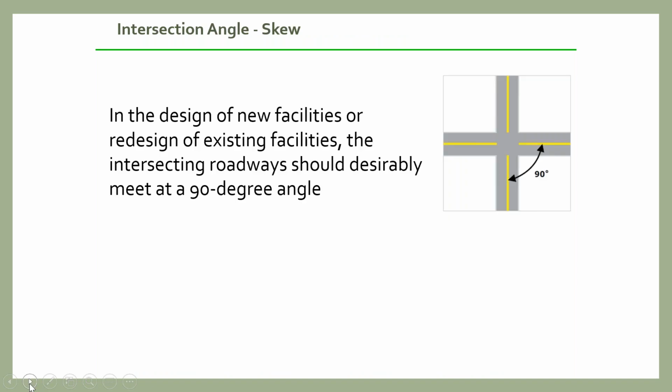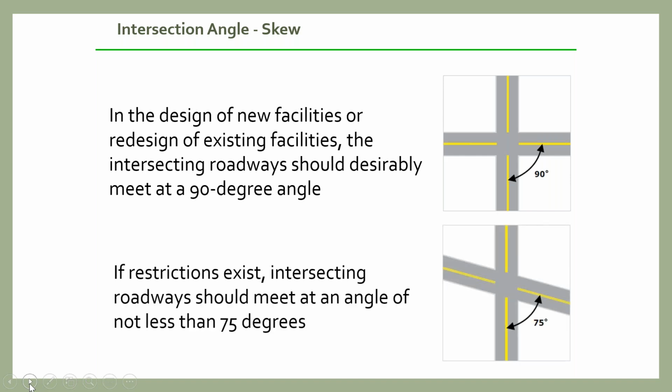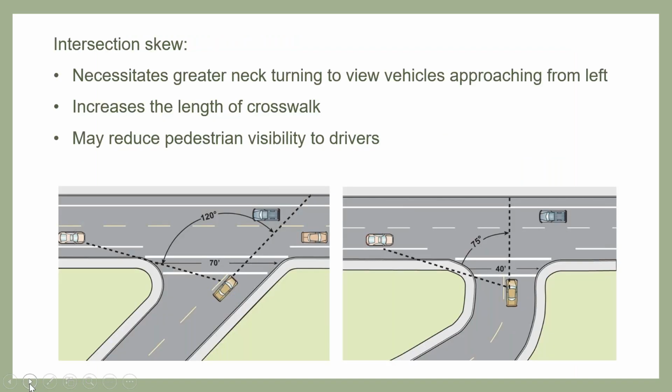So the next design issue is intersection skew. In a perfect world, all of our intersections would align at 90-degree angles, but we know that's not always the case. Where skew really becomes problematic is when we have an angle of less than 75 degrees. What a skew angle can do in terms of complicating the challenges for drivers is essentially having to look back.